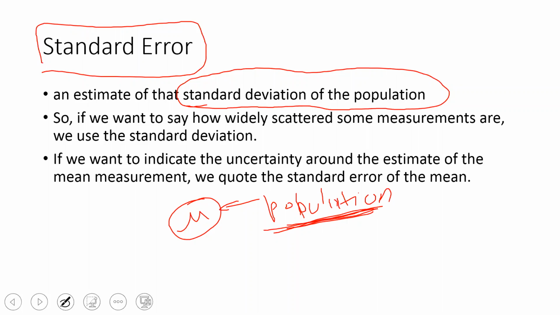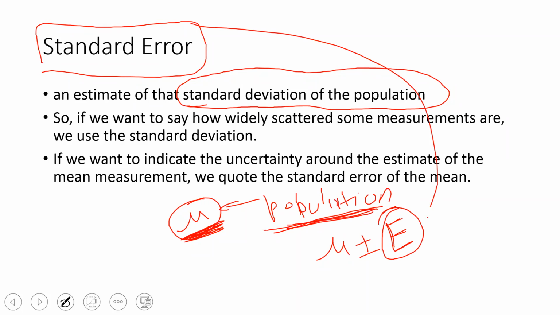Now this mu will have some error also, plus minus some error. This error is known as the standard error.